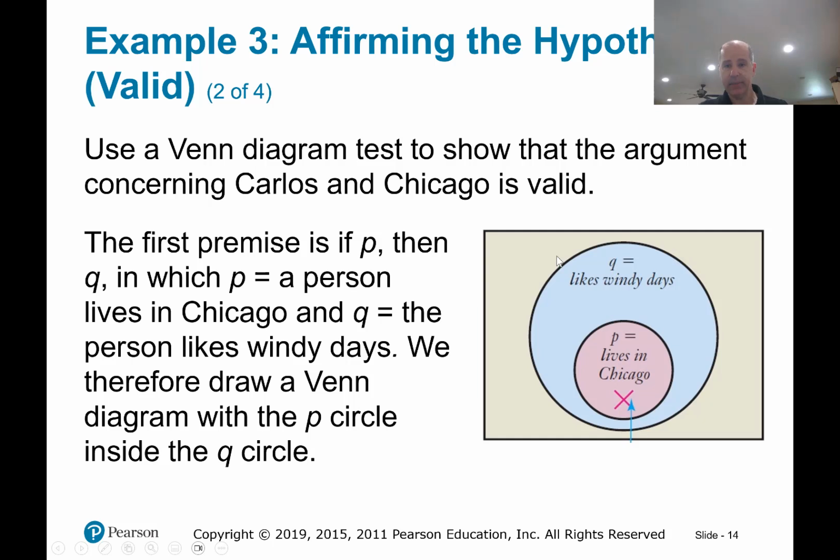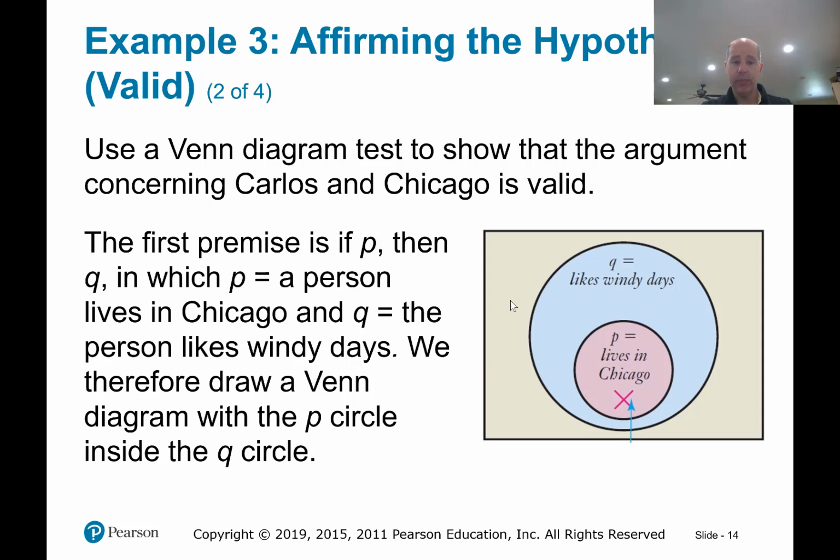So let's look at this. Okay, let's use a Venn diagram. So here we go. All people who live in Chicago like windy cities. So we're going to have one circle that represents everyone who likes windy cities, and the pink circle are all the people who live in Chicago. So notice how the pink circle is inside the blue circle. Okay, so that represents all people in Chicago like windy cities.